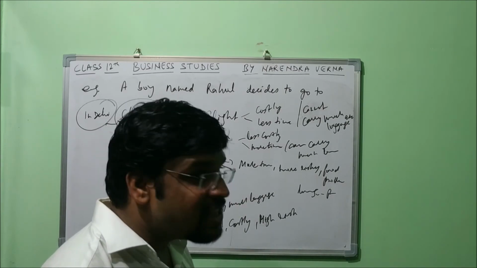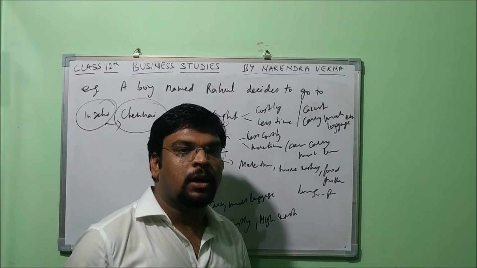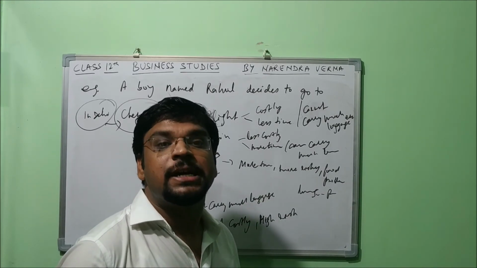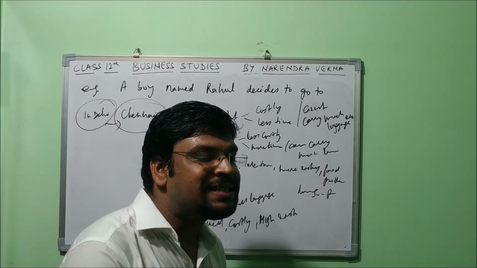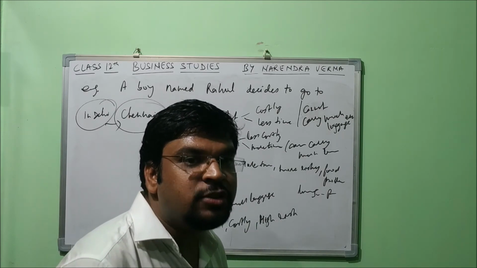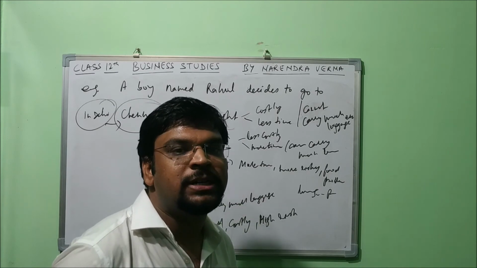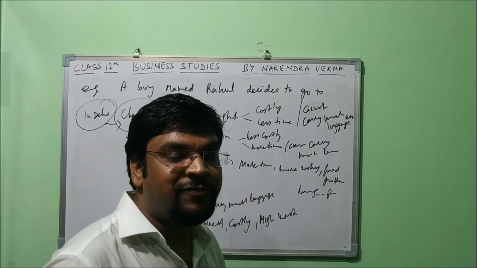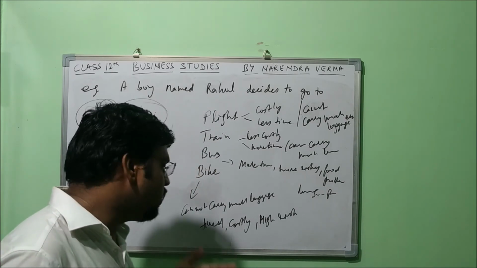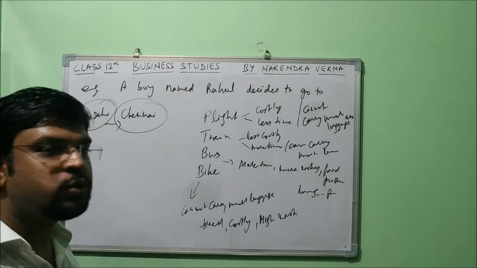Now as per his pocket, his physical condition, his knowledge, and the accessibility, he has to choose the option. If his pocket allows him, he will choose the flight. If his physique allows him, he can decide to go by bike also.